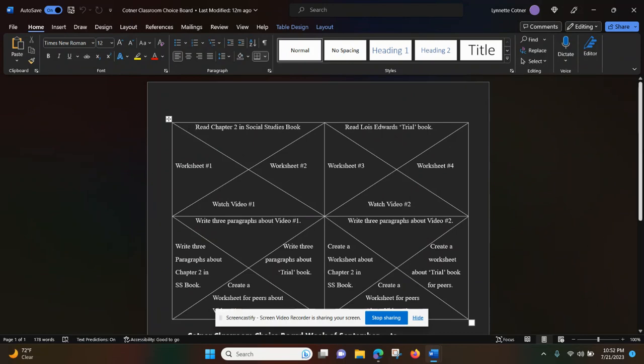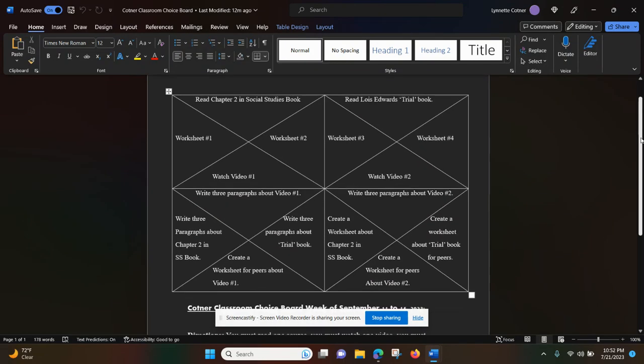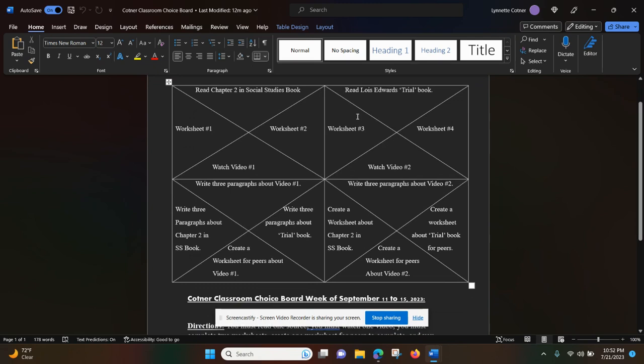So here is the choice board. They can either read chapter 2 in their social studies book or Lois Edwards' trial book. They have a choice. And then there are 4 worksheets. And then there are the 2 videos. So they have choices.